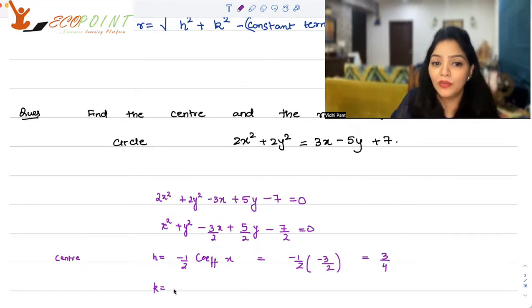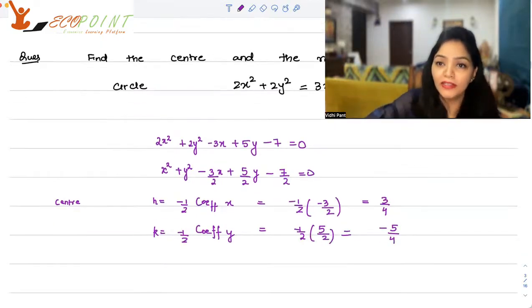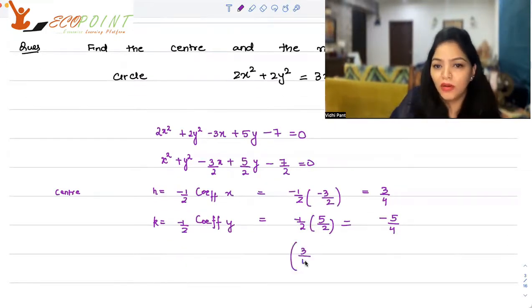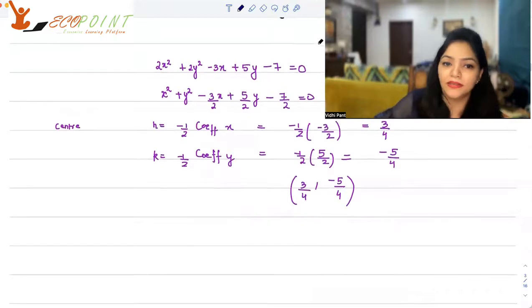K is equal to minus half the coefficient of y, and the coefficient of y is plus 5 by 2, so that's going to be minus 5 by 4. So your center is 3 by 4, comma, minus 5 by 4. That's your center. What's the radius?